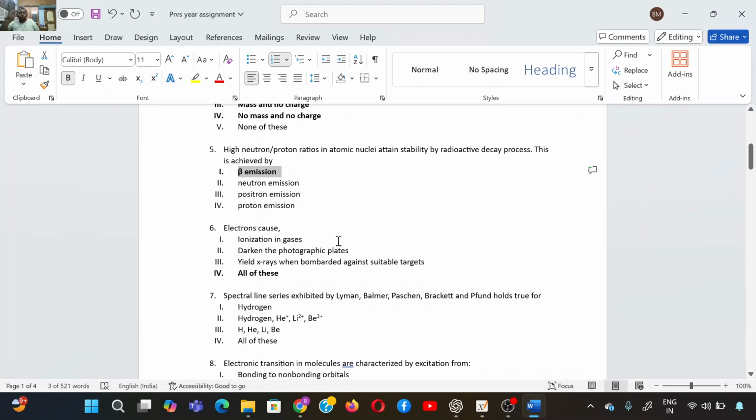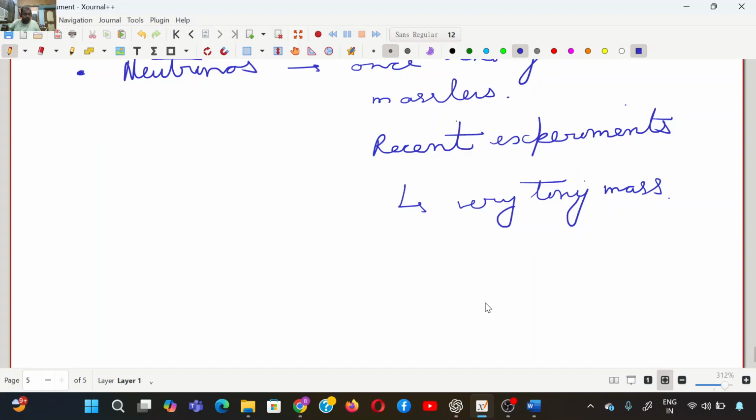When there is a very high neutron to proton ratio, the nucleus converts a neutron to a proton by beta emission. Basically the neutron gives rise to proton plus electron plus antineutrino. Right? And this lowers the N by P ratio and brings the nucleus towards stability. All of these are mostly from Sir's notes only.